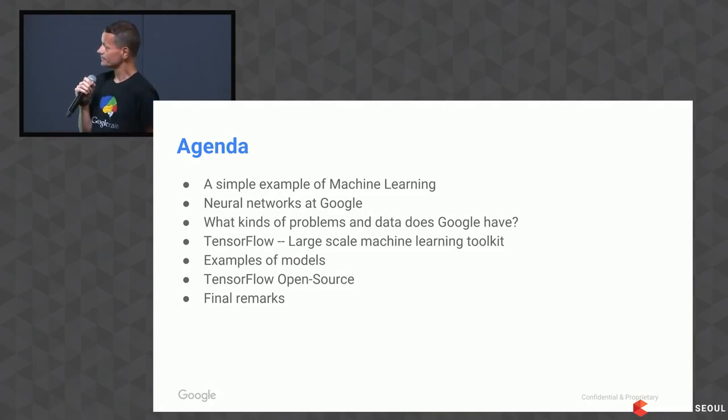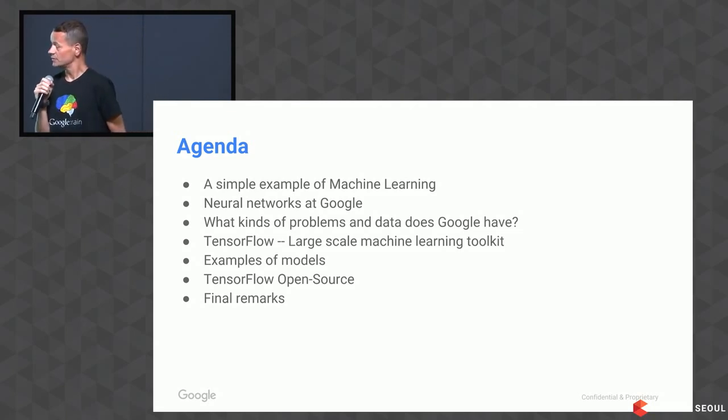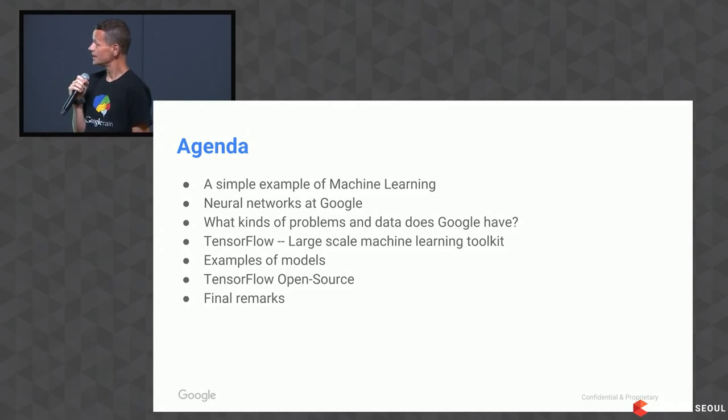Then I will talk a little bit about neural networks at Google, what we do with them and how they were developed. And then we talk a little bit about problems and data. Google has a lot of data, and what kind of data and so on. Then we'll talk a bunch about TensorFlow, which is our large-scale machine learning toolkit.